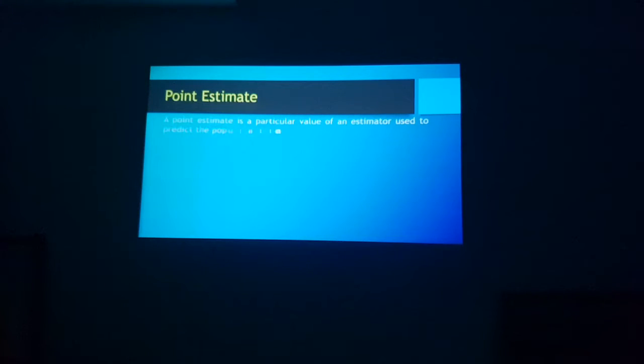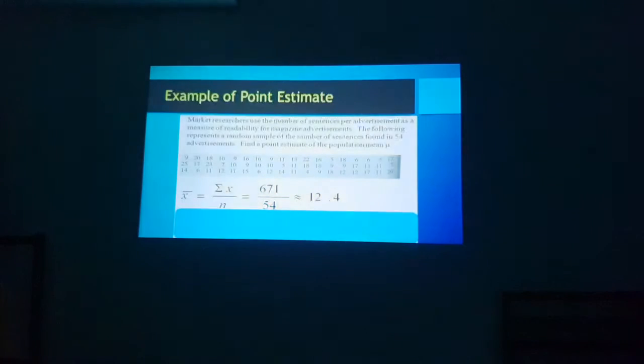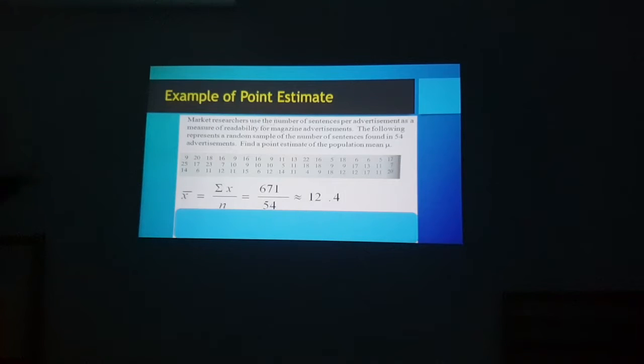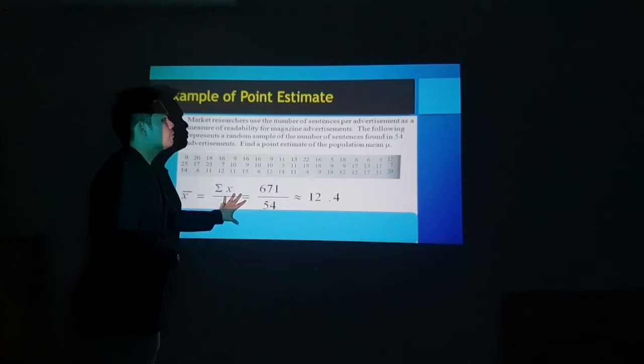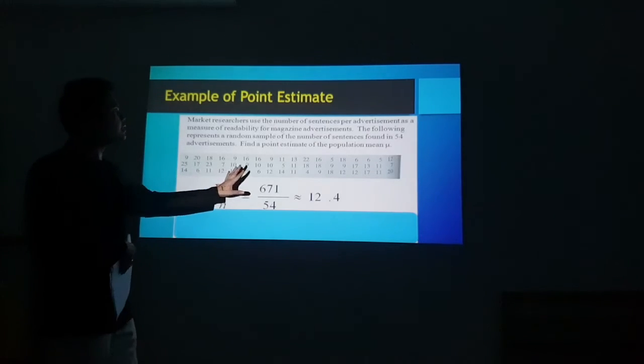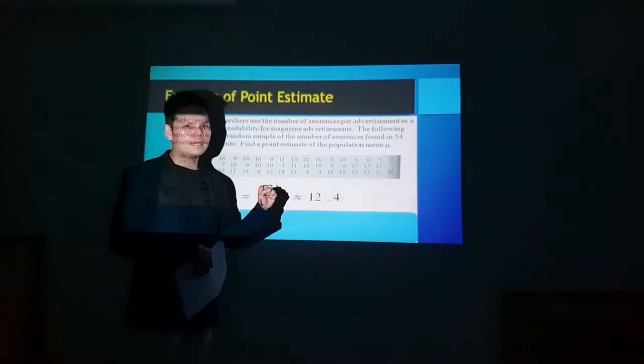A point estimate is a particular value of an estimator used to predict the population value. For example, an estimate of the population mean from the sample mean may be 14. Another example: if you're going to identify the mean, then this is an example of a point estimate.